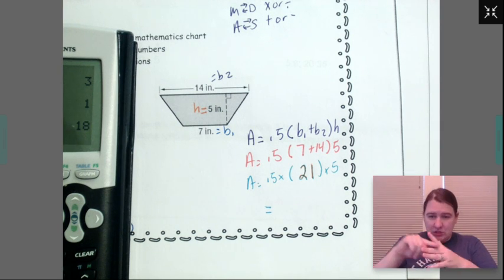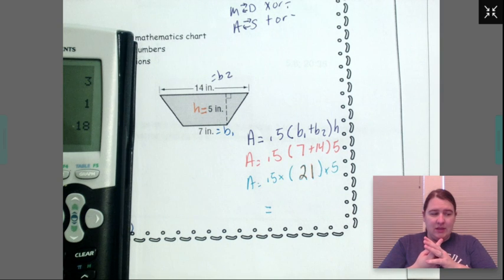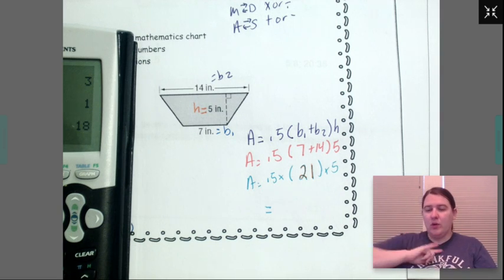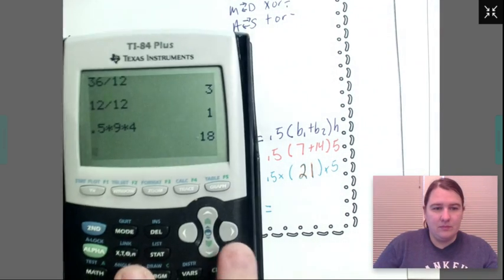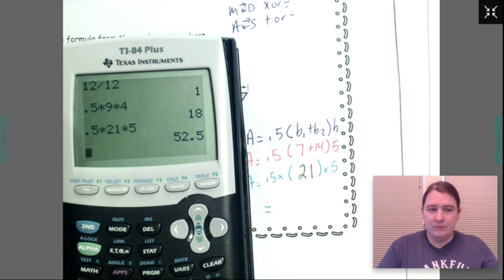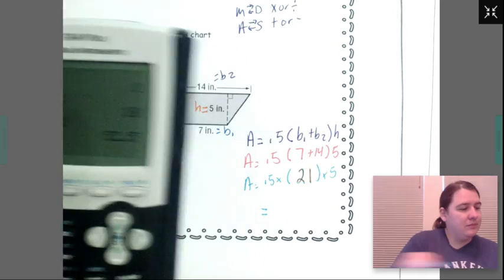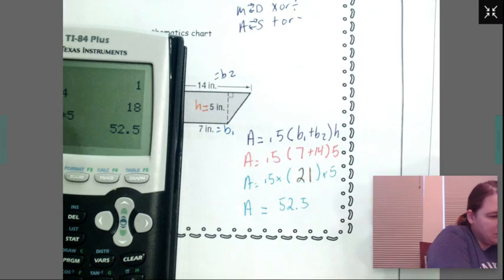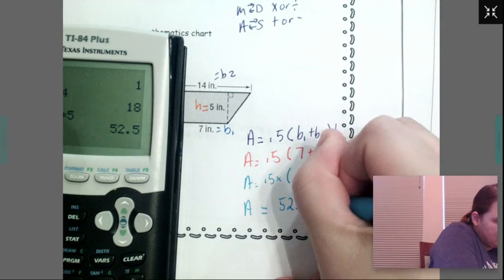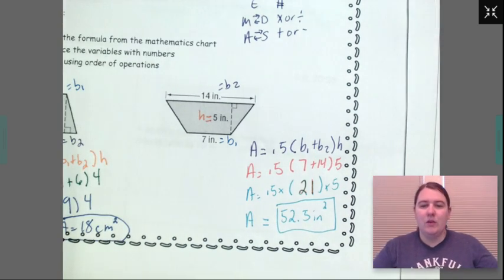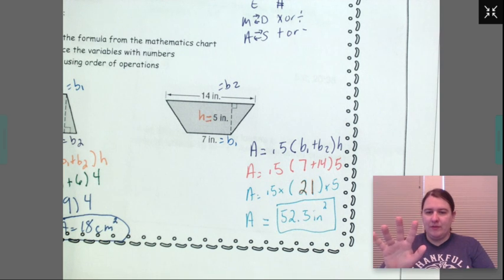So I'm going to start at the left part and move to the right like we're reading. Okay, and our answer is 52.5 inches squared.